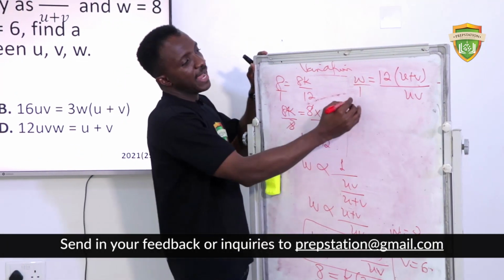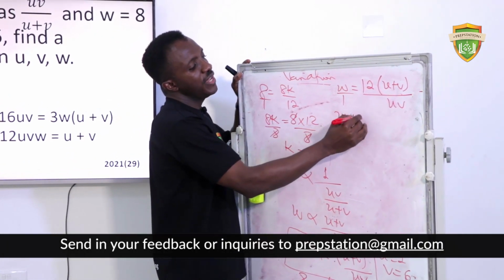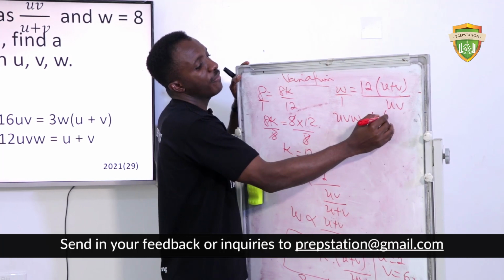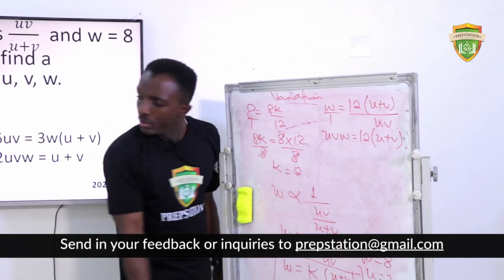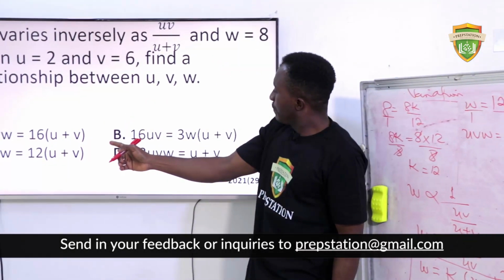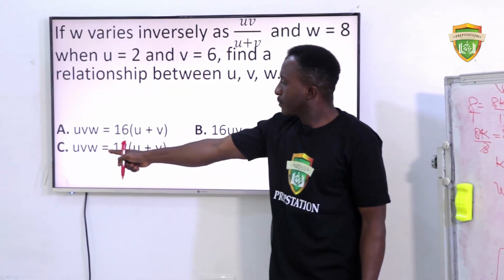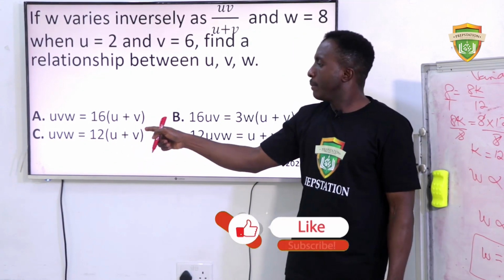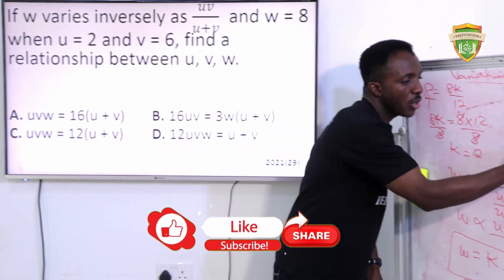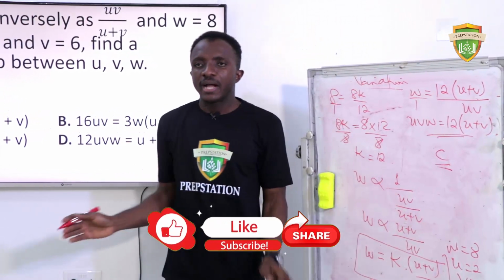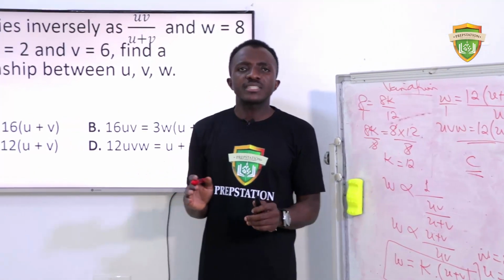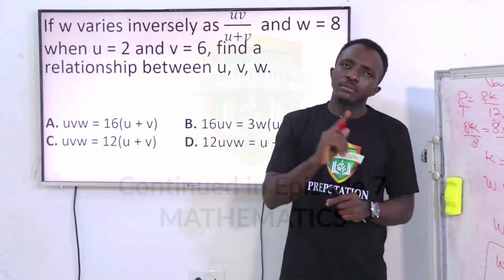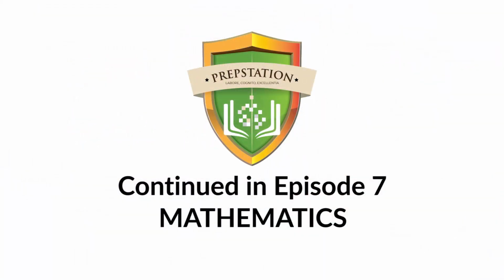If I cross multiply, I have uvw equals 12 into u plus v. That is option C. Have you seen what we did? You can pause at this point and go over what we've done. Remember what I said. You master mathematics when you solve with your own hands.